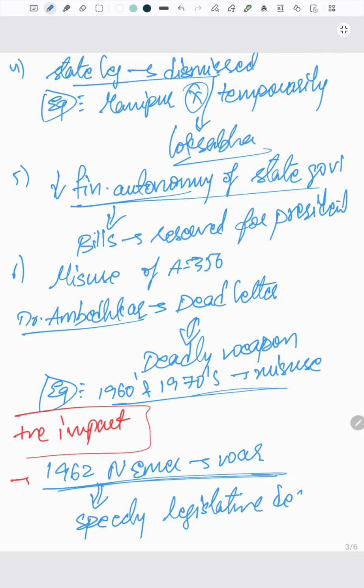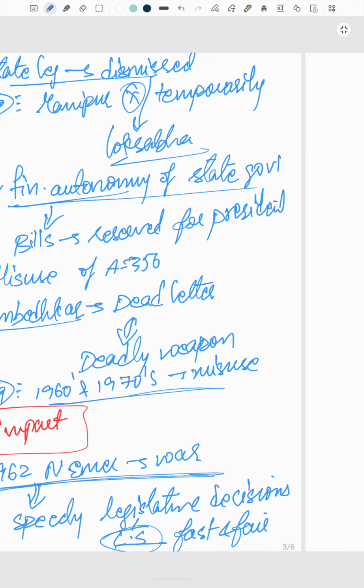So unitary power of this legislative power in the hands of Lok Sabha will ensure fast and fair decisions in that crisis situation. At that time, this type of unitary power is very necessary in order to ensure speedy decisions are made in that crisis situation.